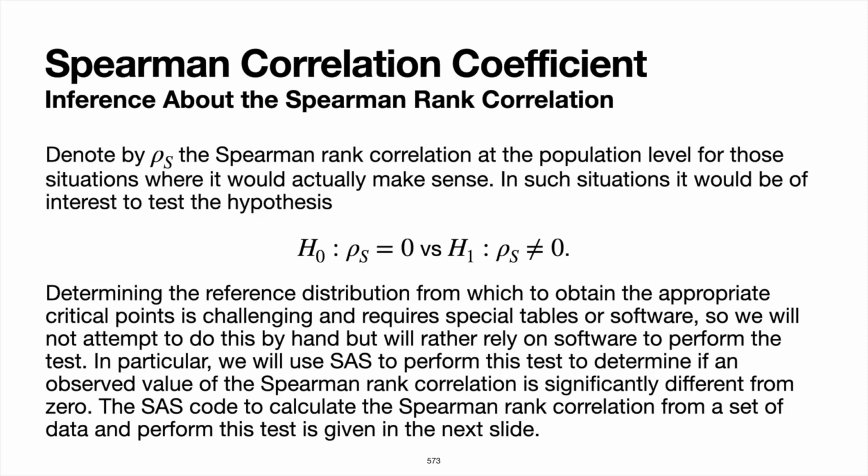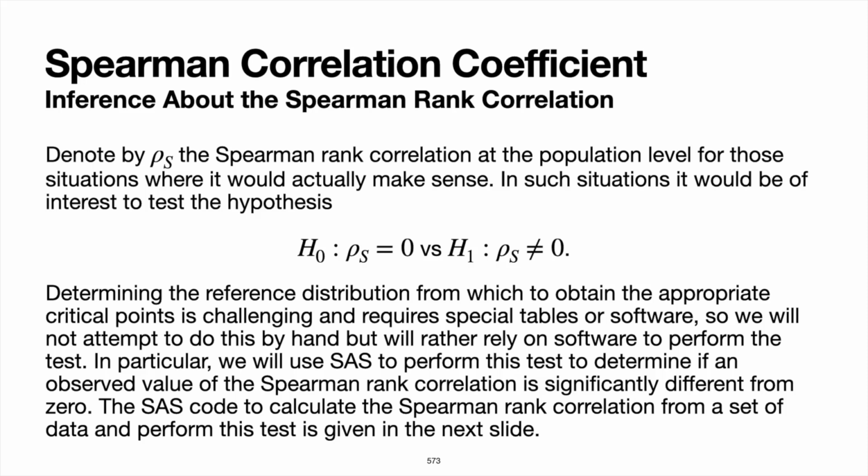So again, I will be asking you to calculate a Spearman correlation by hand, the sample Spearman correlation, but I'm not going to ask you to test hypotheses. If we do that, then it would be using SAS software. But I do want to show you how to do this because you very well may need to do this in your own work and research.